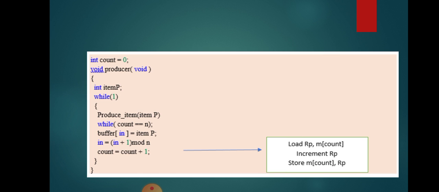RP is nothing but the register where we keep counting the number of items produced by the producer. So the count value is stored in the register called RP. How do we increment it? Increment RP means count is equal to count + 1. Again, in the next process, for each iteration we are going to increment it.